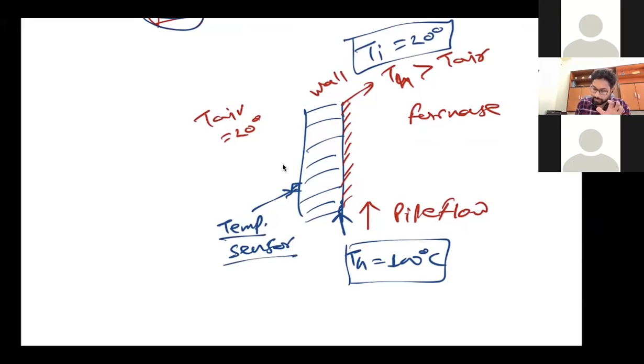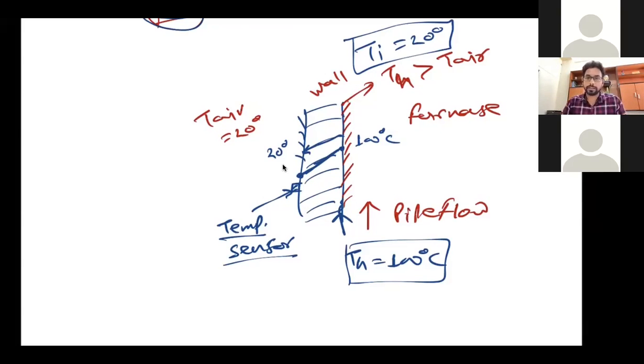But as we saw before, when you start heating this up, it takes a lot of time, maybe 10 minutes or so, to sense that on the other side of the wall, right? Because this side is at 20 degrees and the other side becomes 100 degrees suddenly. So it will take a while to reach the other side.